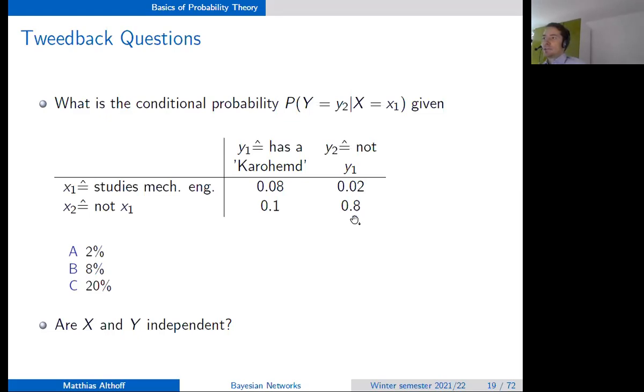So you just add these two numbers. And that's why the probability of just Y2 is much higher than the conditional probability given that you're studying mechanical engineering, and that's why it's not independent.